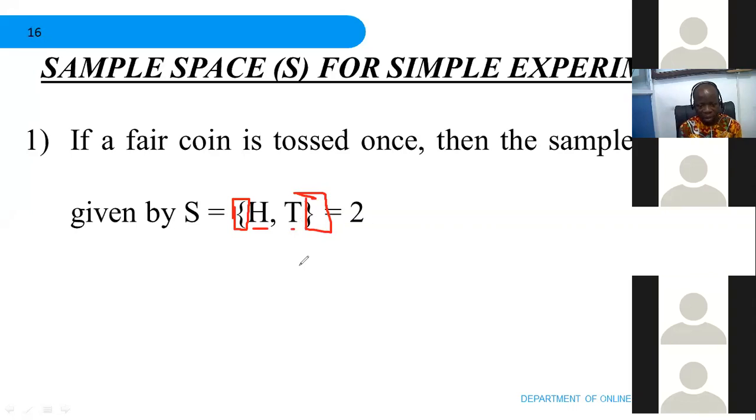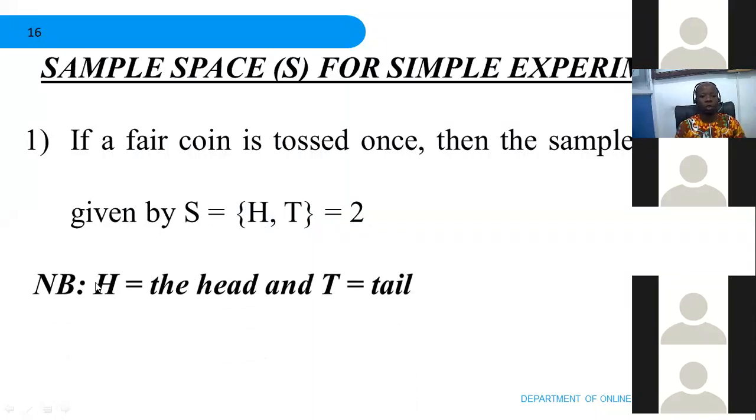And the number of events there gives us 2, which means that the set of possible outcomes will be 2 if you toss a coin only once. Either you get the head first or the tail. So if you put them together, you get 2 events. So like I said, note H equal to the head and T equal to the tail.